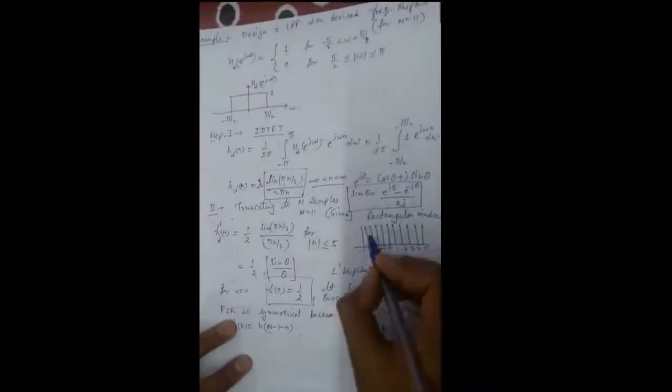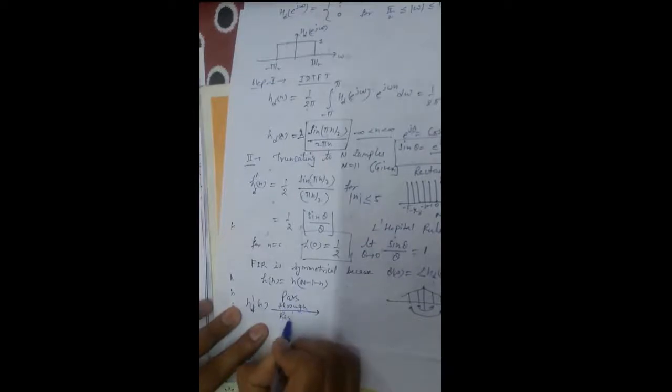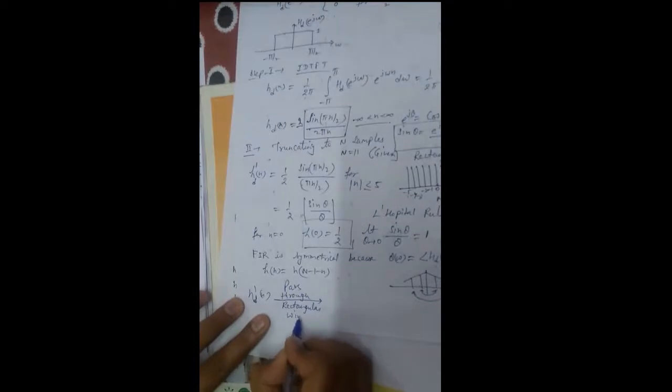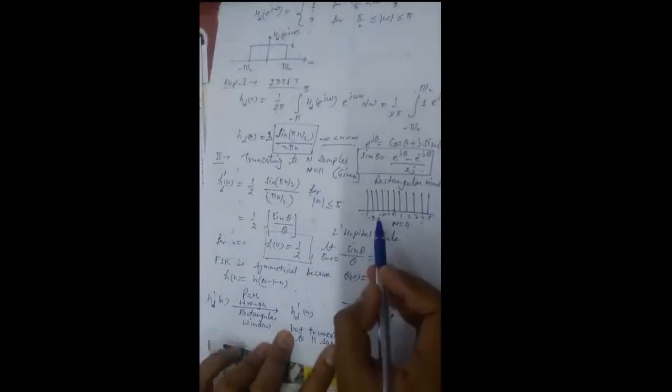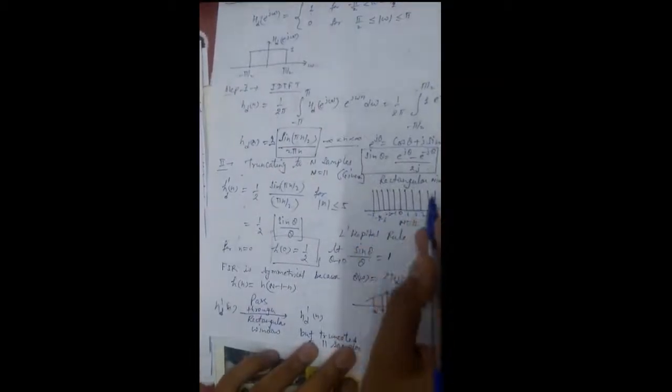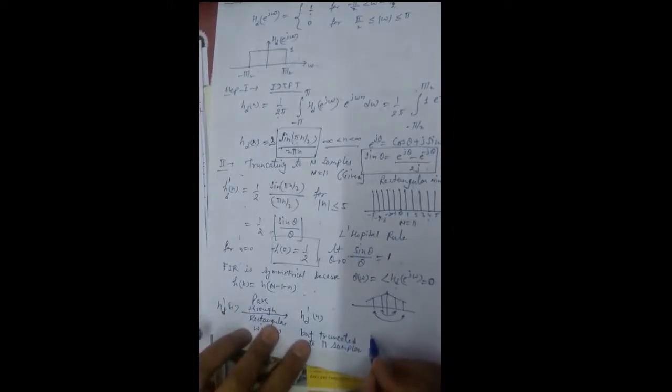One thing I would like to again remind you, while passing Hd(n) through a rectangular window, it makes Hd(n) similar but truncated to 11 samples, because I have explained that passing through the window just means multiplying each coefficient, that is 1 is multiplied with the fifth coefficient and minus fifth, and all the coefficients are multiplied with 1, so it just has the effect of the same values but truncated to 11 samples only.